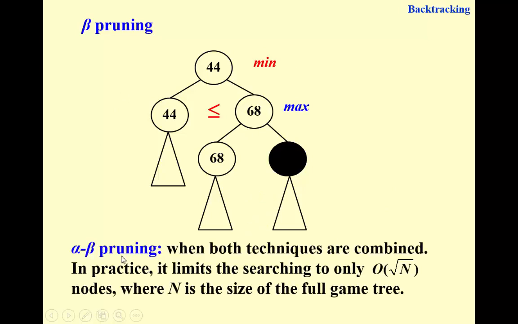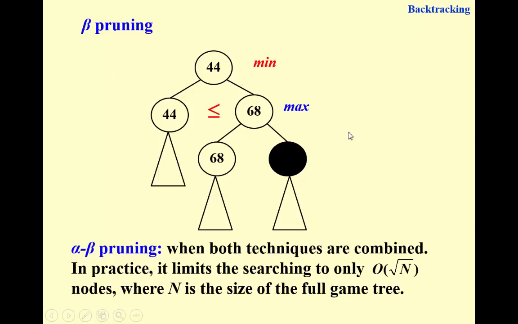So during the search, we apply alpha and beta pruning alternately. Alpha-beta pruning is when both techniques are combined. In practice, it limits the search to only big O of square root of n nodes, where n is the size of the full game tree. So it's quite a significant improvement.